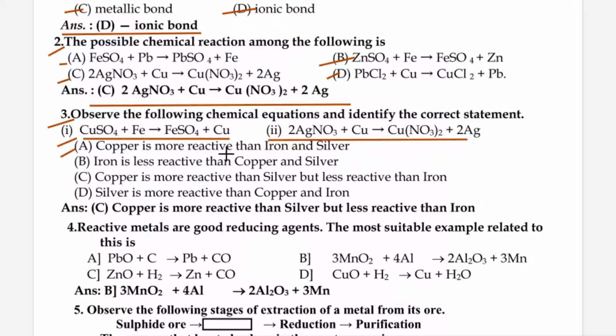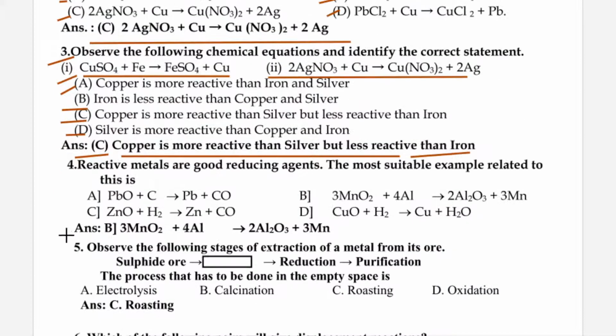Option A, copper is more reactive than iron and silver. Option B, iron is less reactive than copper and silver. Option C, copper is more reactive than silver but less reactive than iron. And option D, silver is more reactive than copper and iron. The answer here is option C, that is copper is more reactive than silver but less reactive than iron.